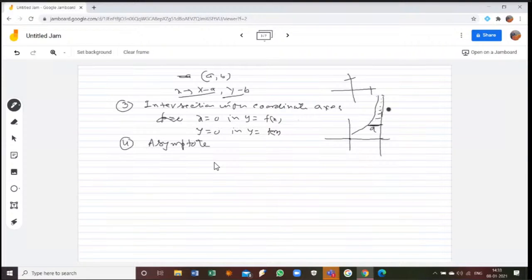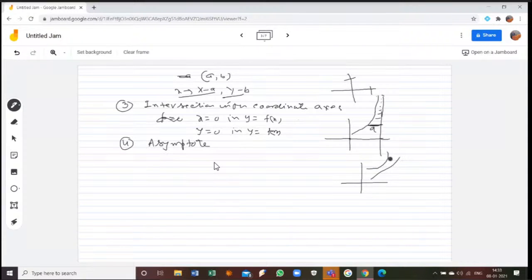So there is a straight line. It may be parallel to the y-axis, it may be parallel to the x-axis, or it may be along any line. In this case also we define the same thing.